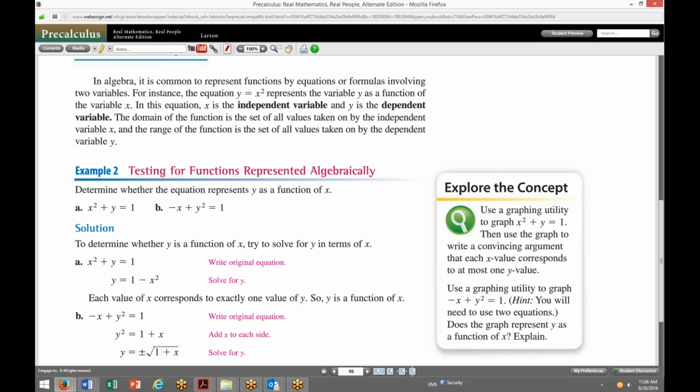So all variables are not created equal with functions. The x variable is fully independent, it can take on any values it can take on, but the y values are fully dependent on what the x values are. So there is a difference here. X maps to y. Y does not map to x.